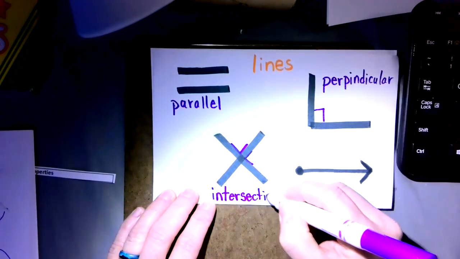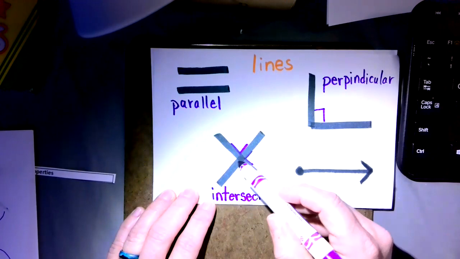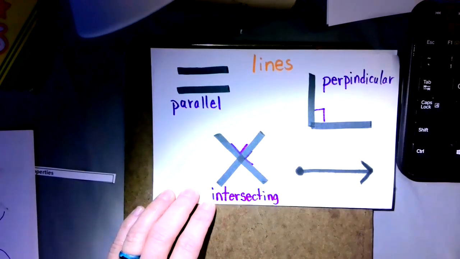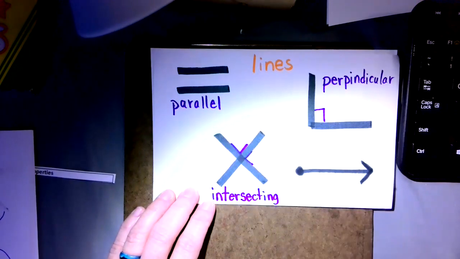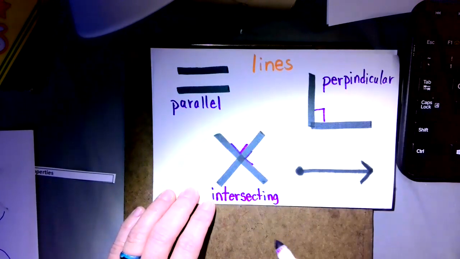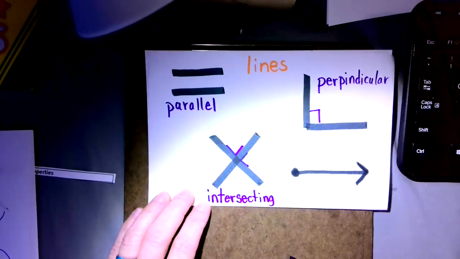Yeah, intersecting lines. You know, when you're at a road and two roads meet, you're at the intersection. Ever heard of that? It's an intersection, it's intersecting lines.